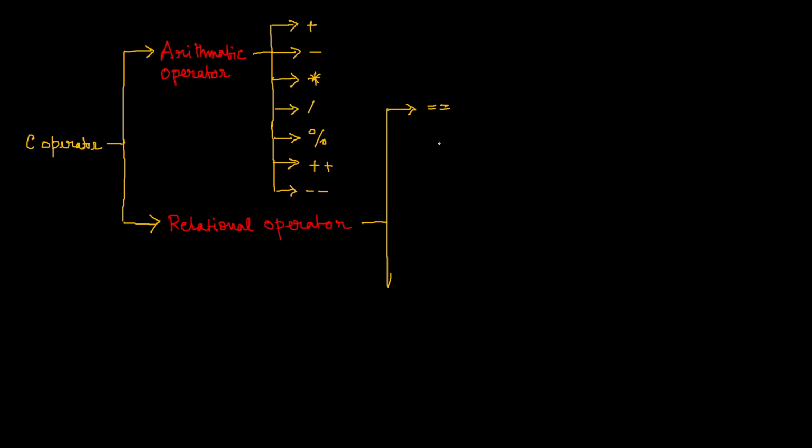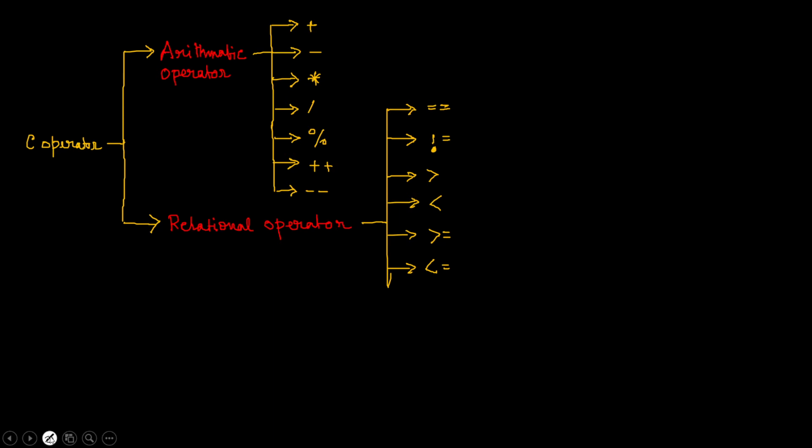The relational operator checks the relationship between two variables having the same data type. Equal means whether they are the same. If a equals b, that is the condition in an if. Not only if, any condition may come: equal, not equal to, greater than, lesser than, or a combination such as greater than or equal to, lesser than or equal to. All these operations are possible. These are all about the relational operator.